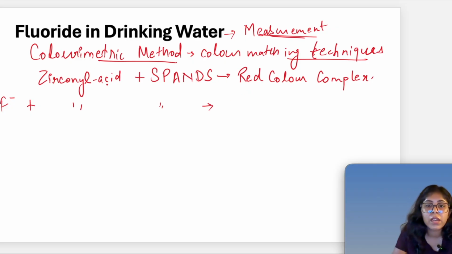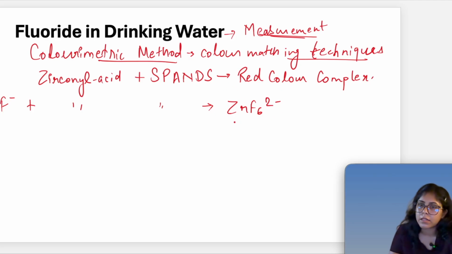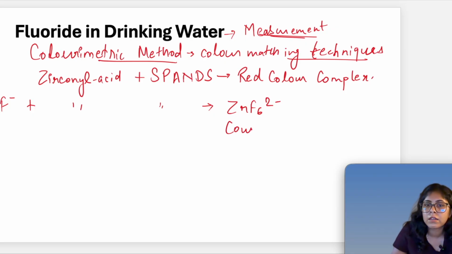this zirconyl acid will react with fluoride, so it will make ZrF6 2 minus, and this is a colorless compound. So fluoride has a tendency to react with zirconyl acid, and it is a colorless compound, and it will just make the SPADNS free.